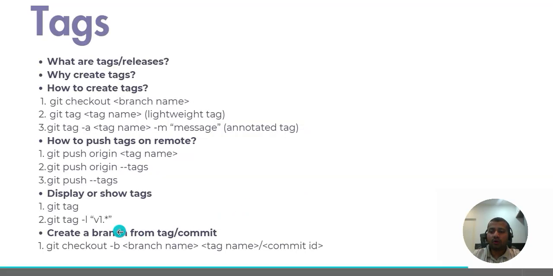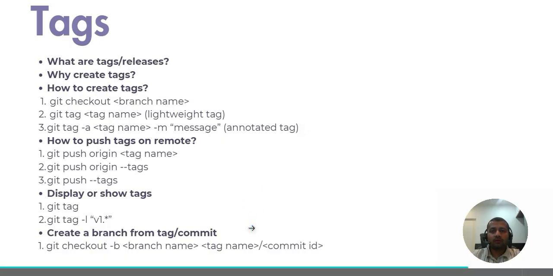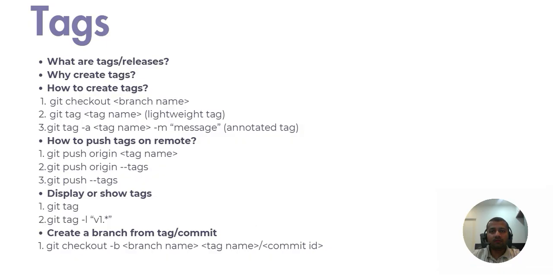So here we want to create a branch from a tag, okay? Because I told you that tags, when created, the code is frozen at that point, or the code is saved, unlike the branches. To get that code which was there when we released version v1, we need to create a branch from that tag.